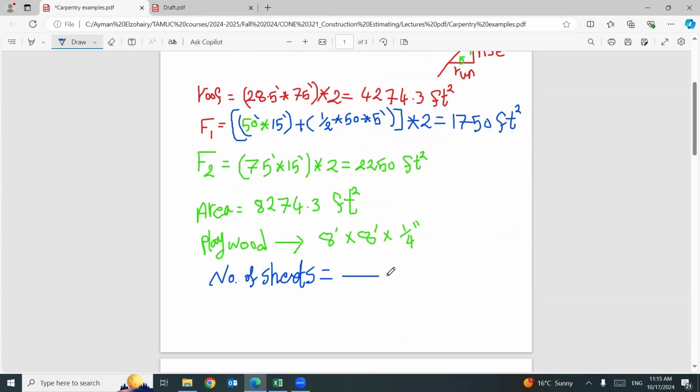So I will divide the total surface area of the roof and the walls, 8,274.3, by the area of one sheet, 8 feet by 8 feet.